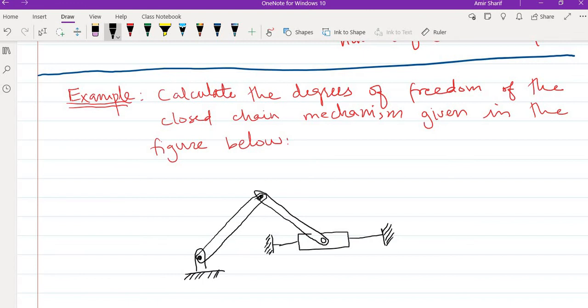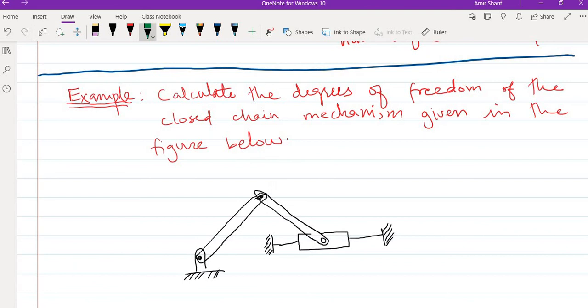Okay, so writing down all the links first. Here you can say this is the fixed link, and this is a closed loop because this is also fixed on the ground, and this link is also fixed to the ground.